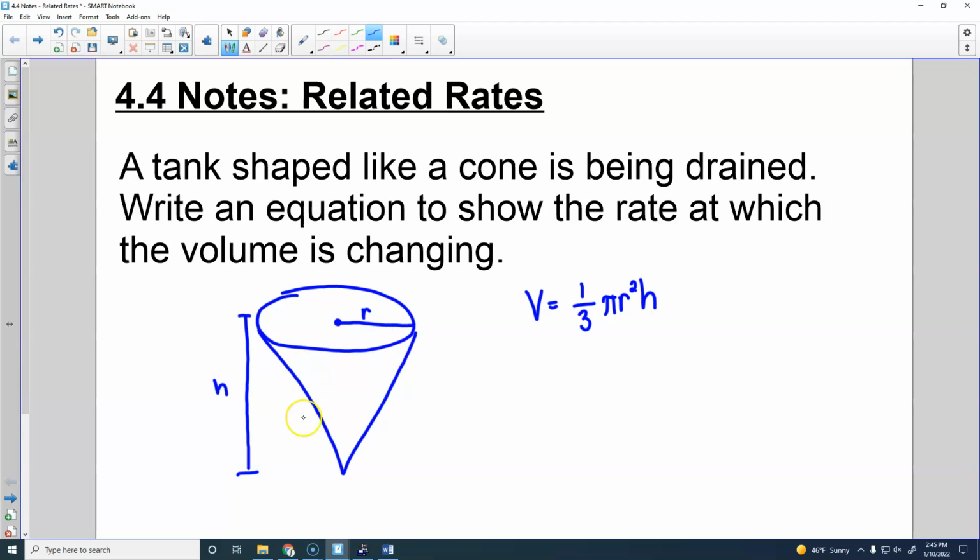So if you have a cone like this and it is being drained, we want to talk about the rate at which the volume is changing. Whenever you drain water, let's say we had water to this level.